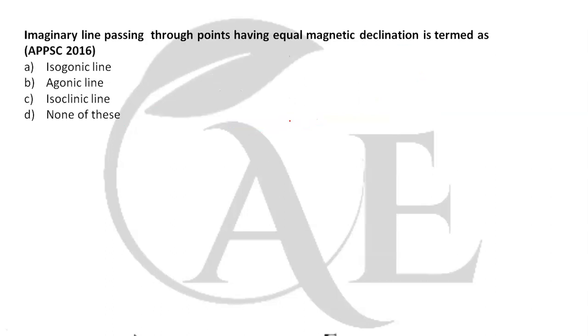Next question. An imaginary line passing through points having equal magnetic declination is termed as. Here this represents the north. This is the magnetic bearing. Here is the angle.